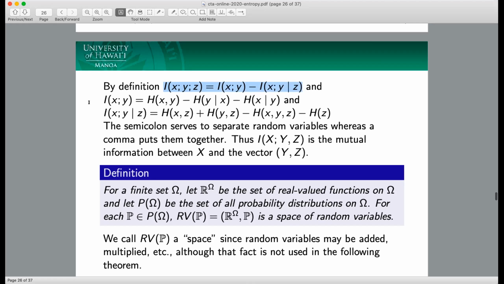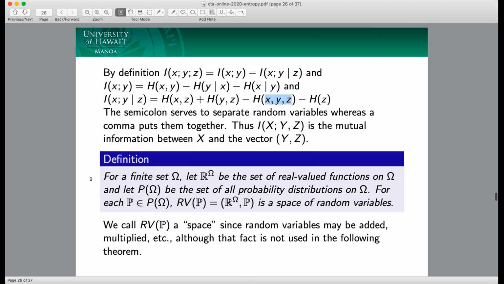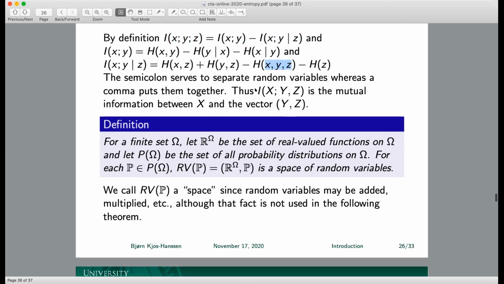Now, the special notation here is that a semicolon means you are looking at the mutual information, whereas a comma means you have the joint entropy. So it's a little bit like intersection and union. For example, if we write the mutual information of x semicolon y comma z, it's the mutual information between the random variable x and the vector or pair of random variables y and z.